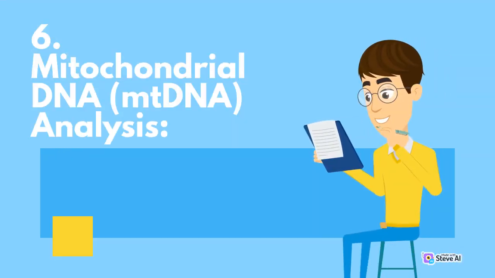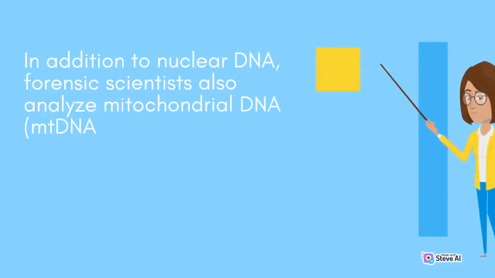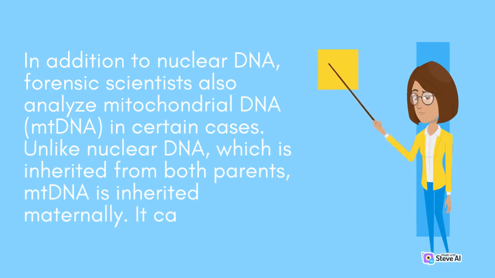6. Mitochondrial DNA (mtDNA) analysis. In addition to nuclear DNA, forensic scientists also analyze mitochondrial DNA in certain cases. Unlike nuclear DNA, which is inherited from both parents, mtDNA is inherited maternally.